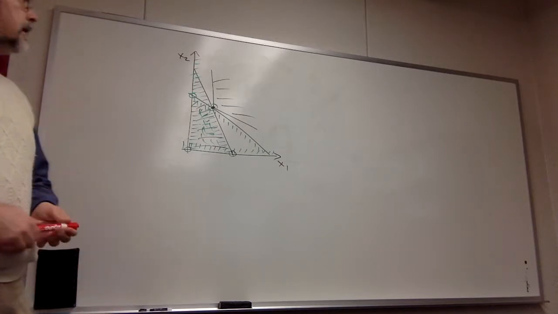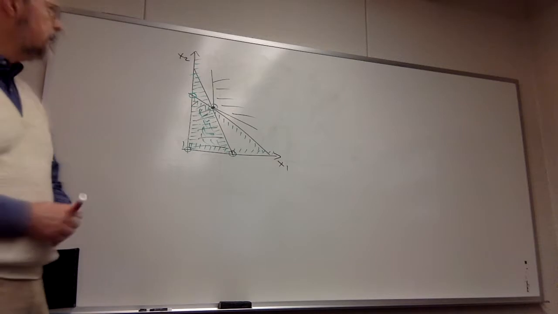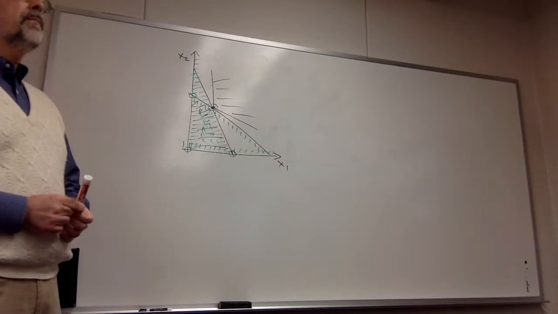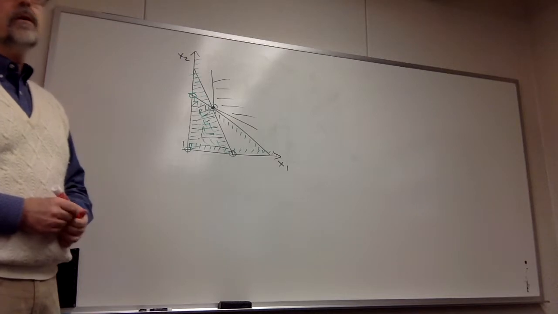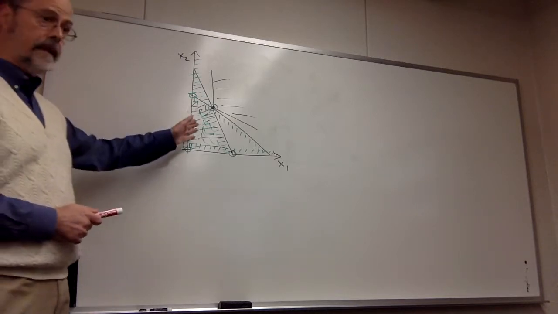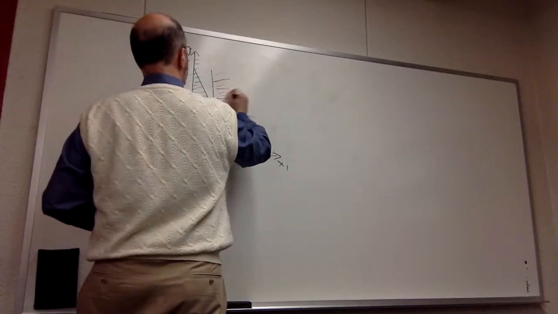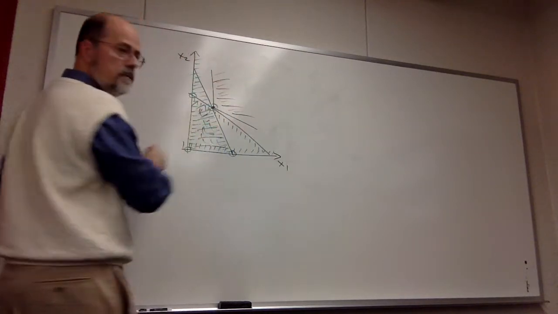They will be the components of the normal vector of any hyperplane that separates the strict upper contour set from the feasible set.